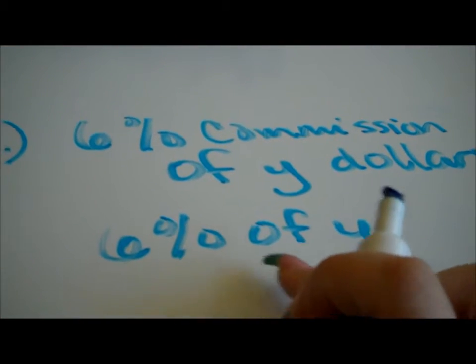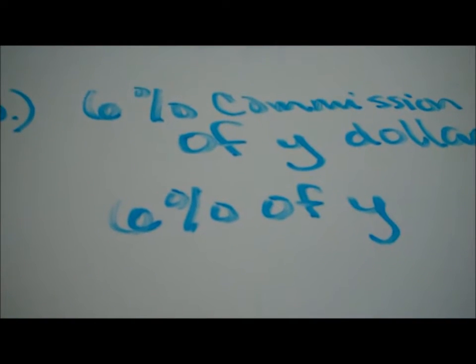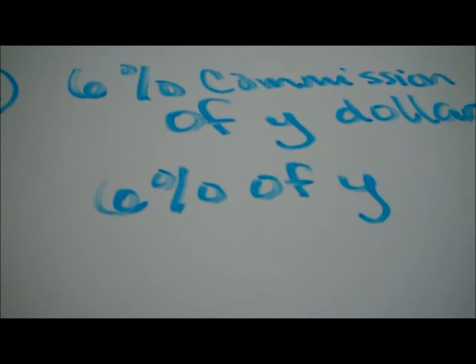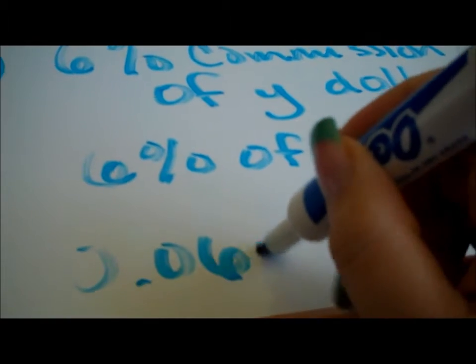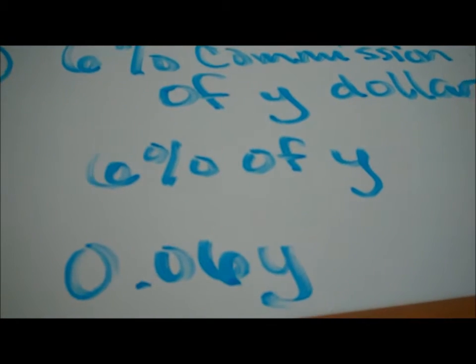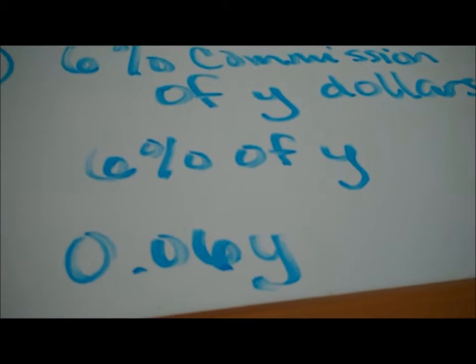We can't use percent as it's written, so 6% needs to be changed into a decimal, which is 0.06, of meaning to multiply. So we're going to take that and multiply it by Y. So again, the expression for 6% commission of Y dollars is 0.06Y.